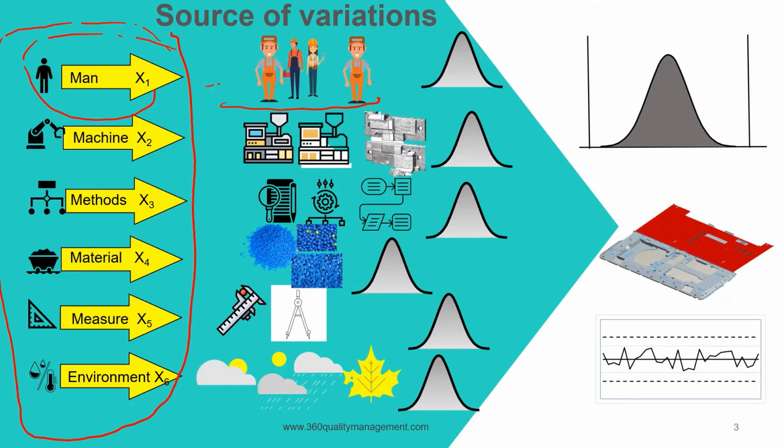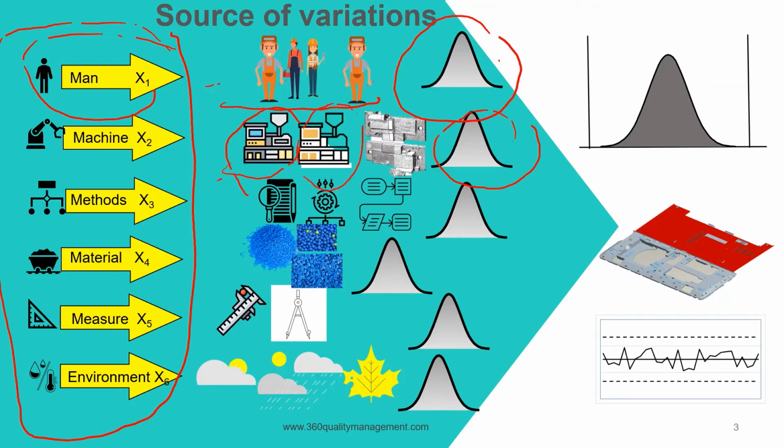It's either variation between people or within the man himself. In machine, there could be a variation within the machine itself. The condition of the machine could be different. The natural wear and tear could cause the machine to have some kind of variations as well, or a different machine that is used.